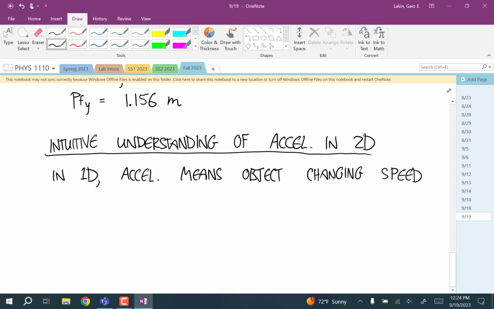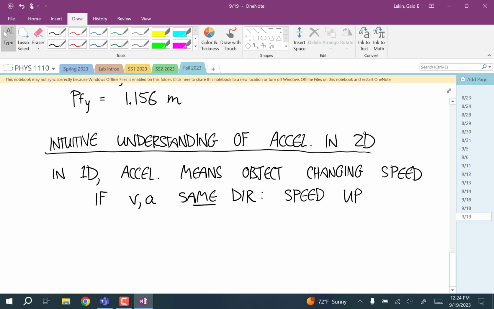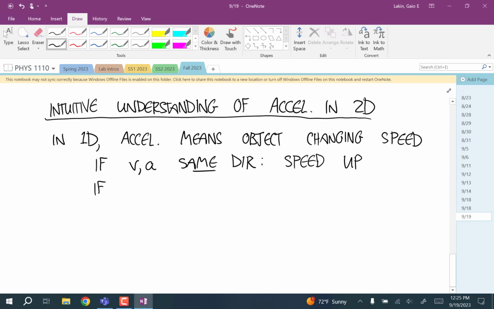And remember, if the velocity and acceleration are in the same direction, the object is speeding up. And if the velocity and acceleration are in opposite directions, it's slowing down.